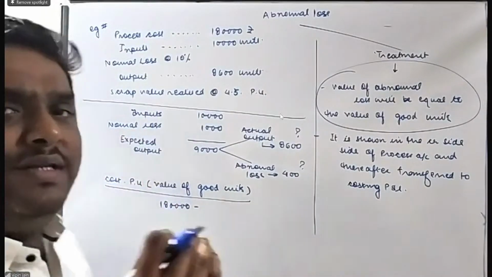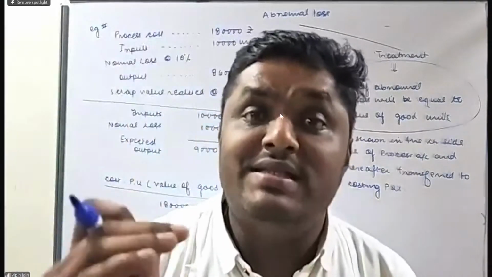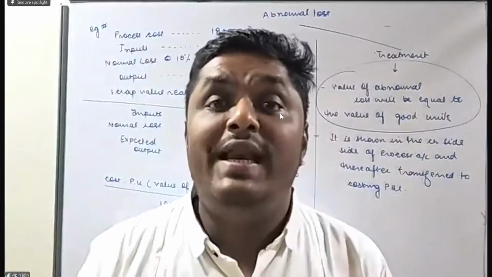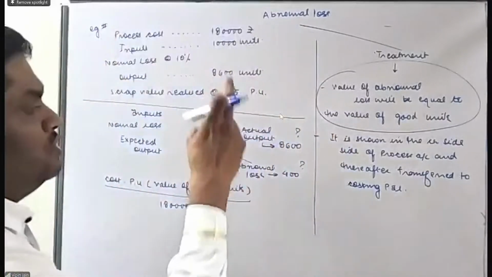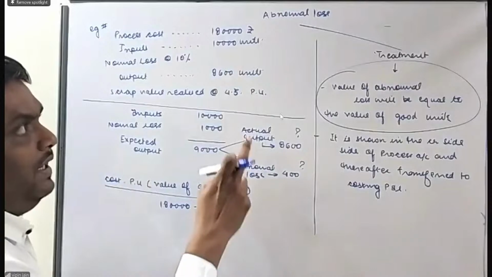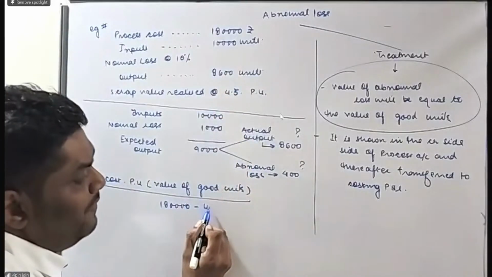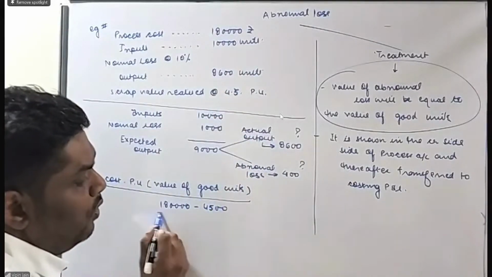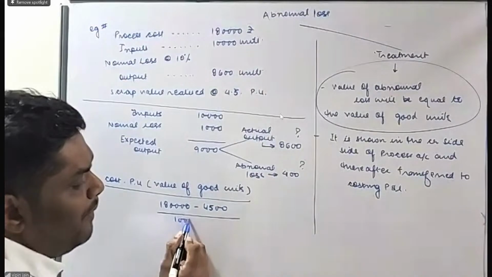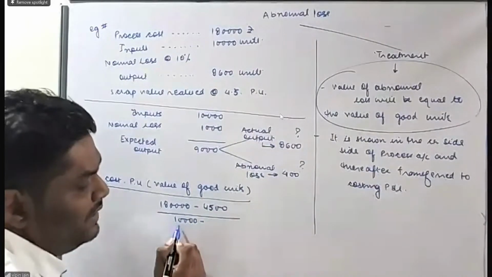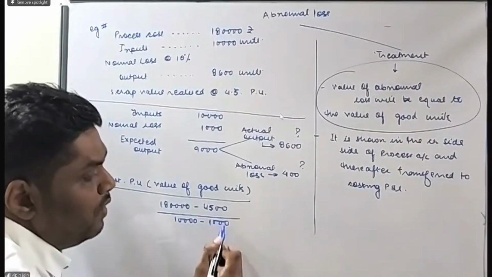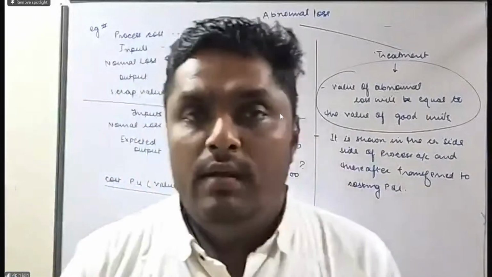We will deduct the scrap value realized on sale of normal loss. So my normal loss is 1,000 into 4.5, which is 4,500, divided by my expected output, 10,000 inputs minus normal loss.